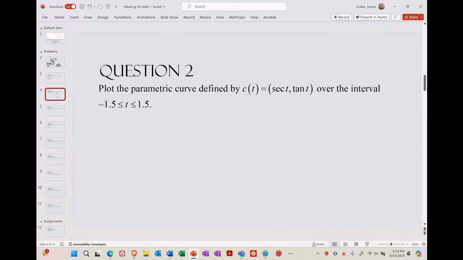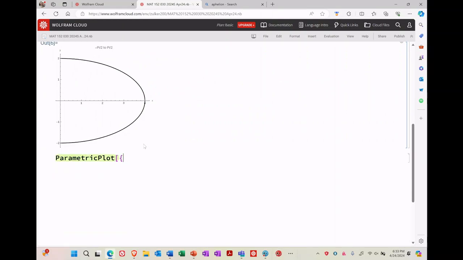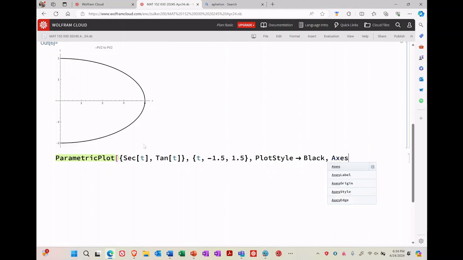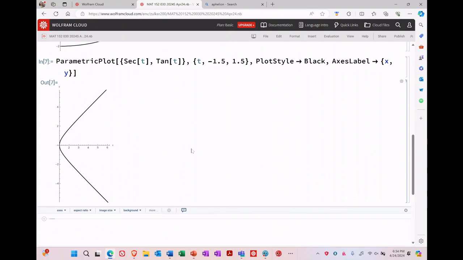The curve secant of t, comma, tangent of t, minus 1.5 to 1.5. That's what this parametric curve looks like.